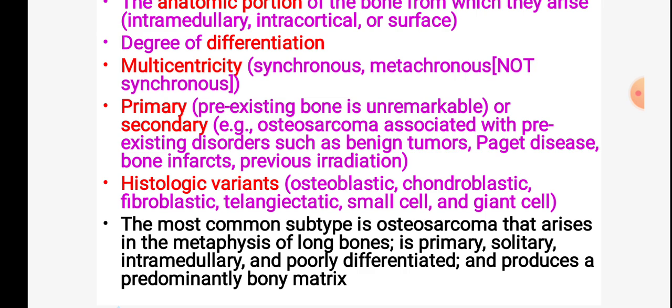The osteoblastic, the chondroblastic, the fibroblastic, the telangiectatic, the small cell, and giant cell types. The most common subtype is osteosarcoma that arises in the metaphysis of long bones, is primary, solitary, intramedullary and poorly differentiated, and produces a predominantly bony matrix.